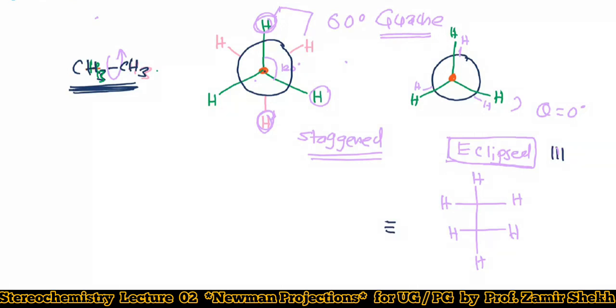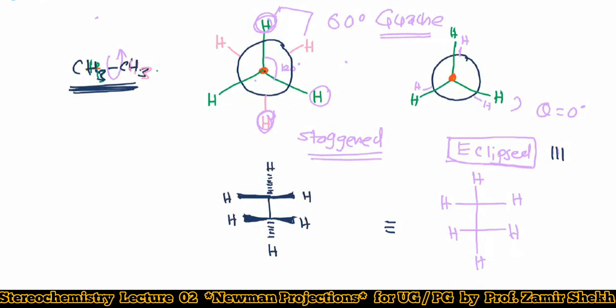You can also convert it into the wedge now. What is wedge? So we have to make a bond like this. In that, this is the one substituent. You can also convert into the wedge, for example like this. This is my carbon-carbon single bond. Look at the molecule.